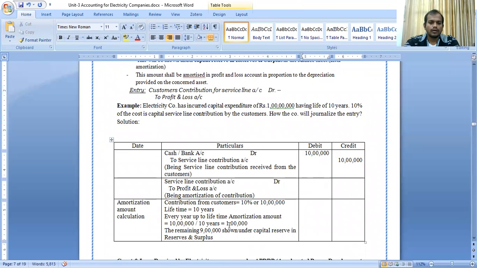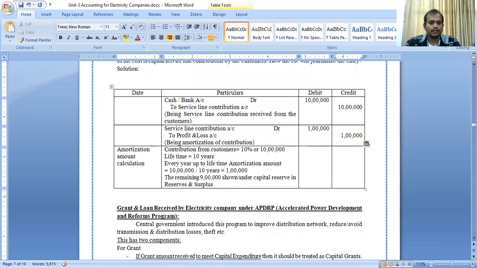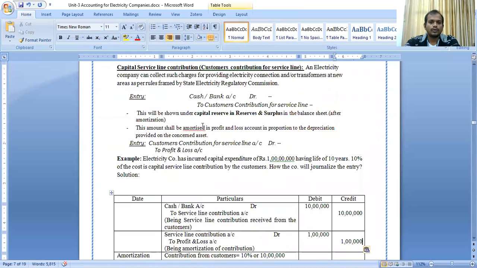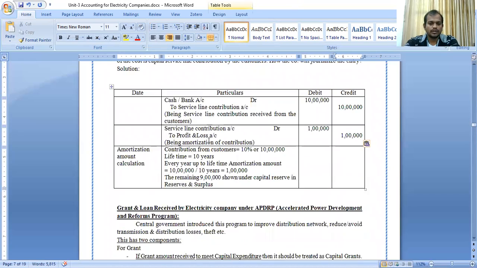So the service line contribution account debit to profit and loss account, being amortization of contribution. How much do we have to amortize? 1/10 portion, that is 1 lakh. This is how we have to deal with this customer contribution.